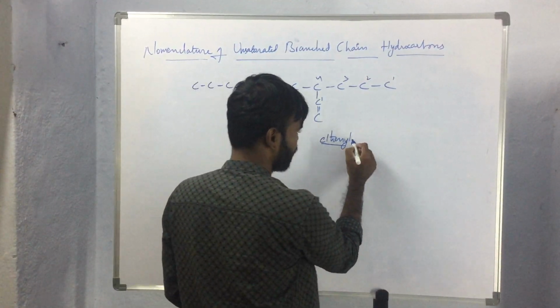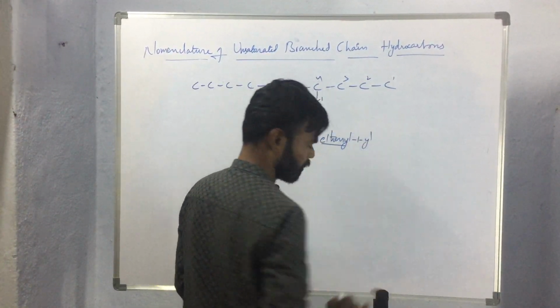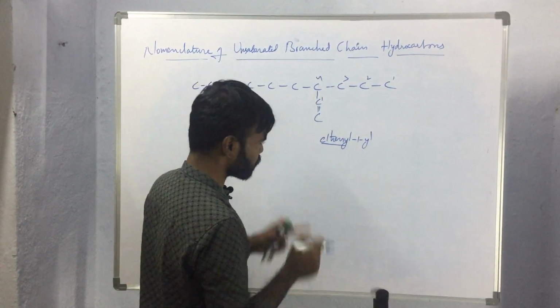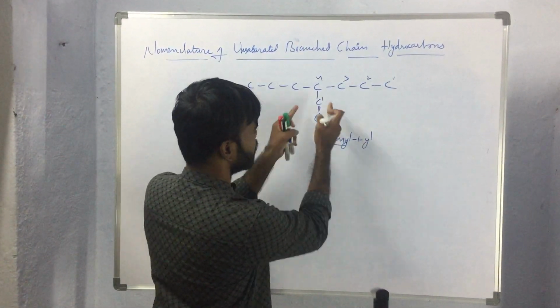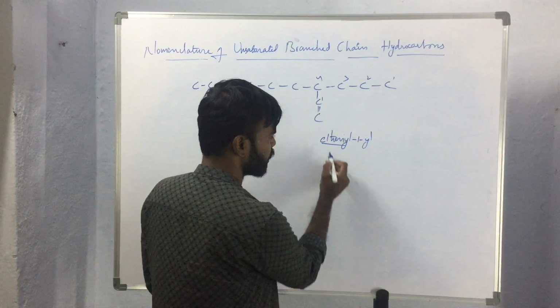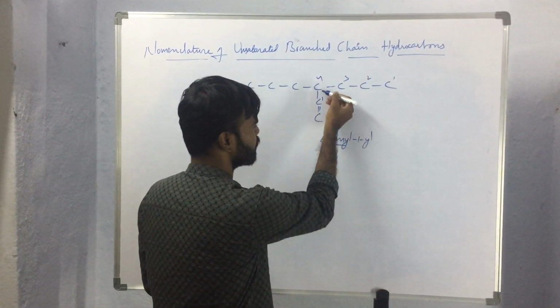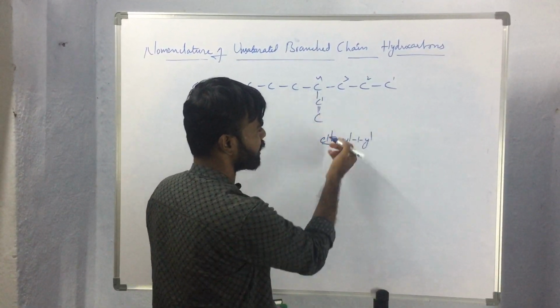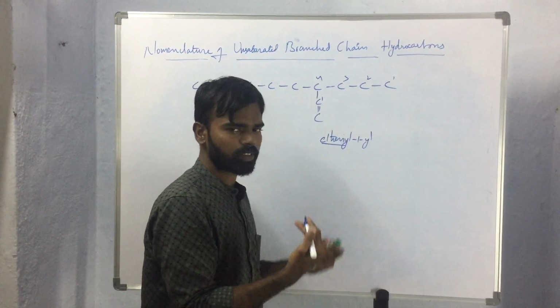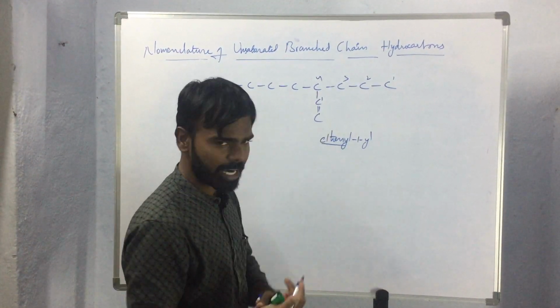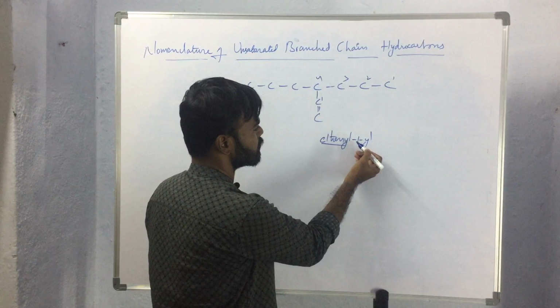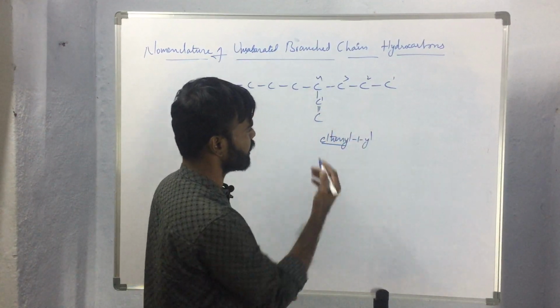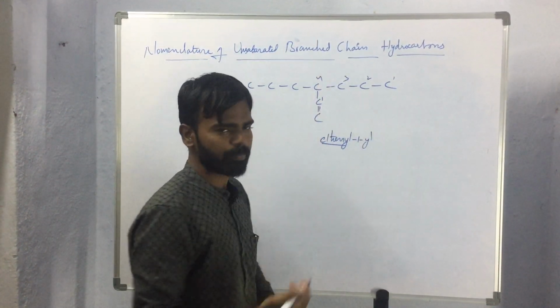So ethenyl 1-yl. Like this we will be representing the side chain. Here ethenyl means the unsaturation is separated from the parent chain by one or more carbon atoms, and the first carbon atom is directly attached to the parent chain.